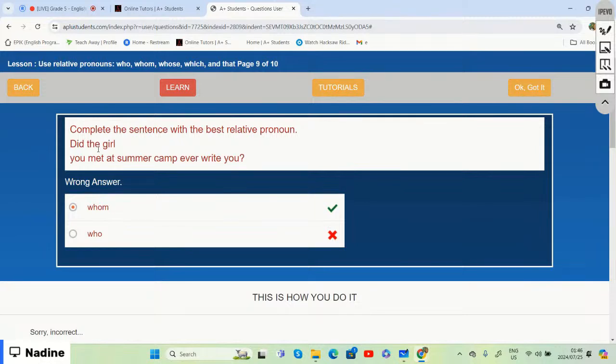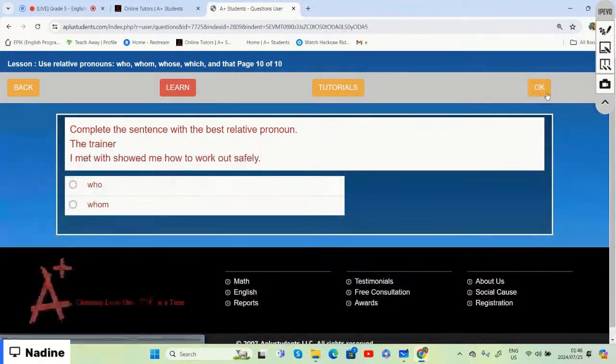It's the object of the verb. So our answer was supposed to be option one. Well done, guys. Whom was our correct answer.